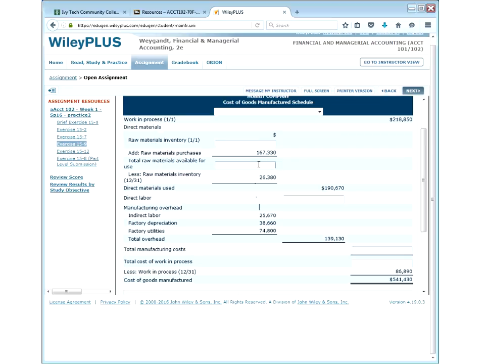Well, if we only have one of the three numbers, we can't solve this problem. So that's telling me I'm actually going to have to work backwards on this one. I'm going to have to start down here in my cost of goods manufactured and work my way backwards to figure out the answers to get to one of these two answers, because I can't find two unknowns when I'm only given one known. So this one you're going to work backwards to find your answers.